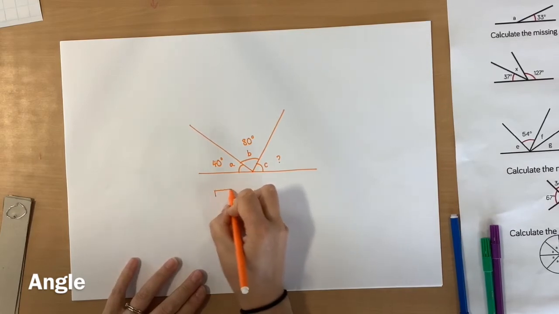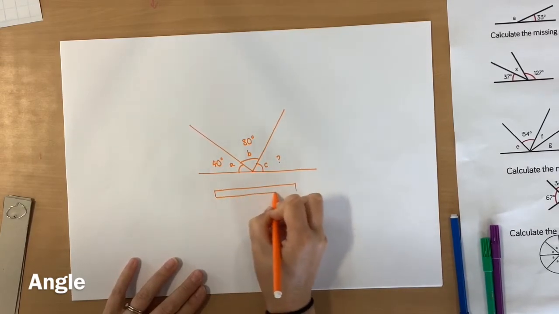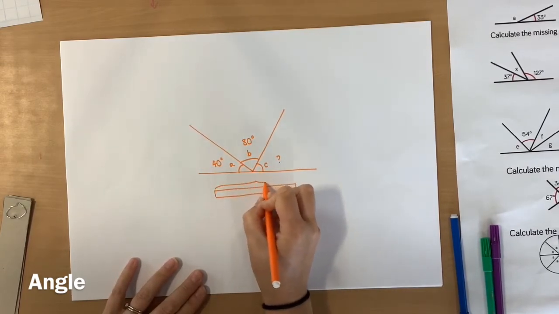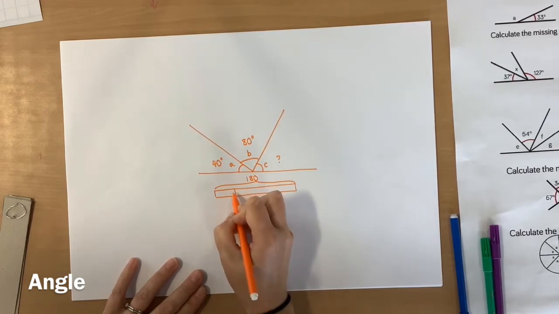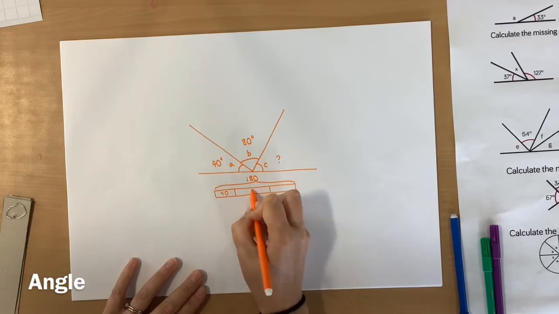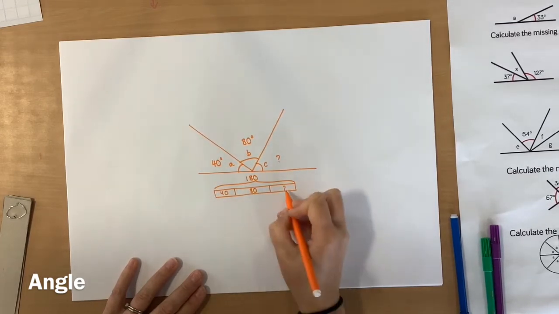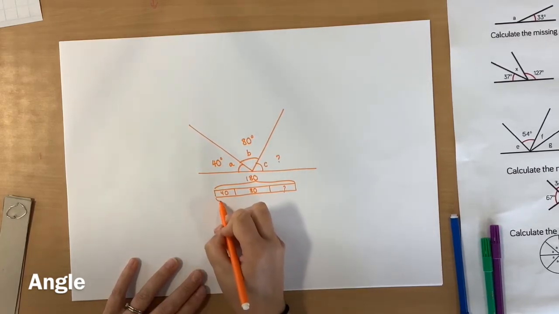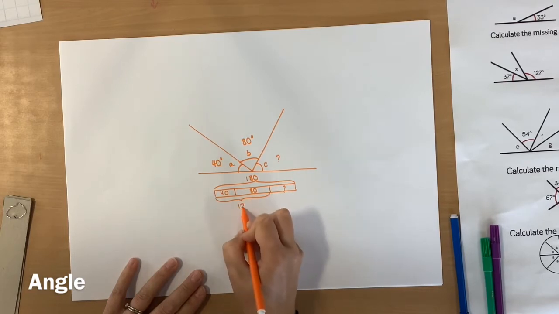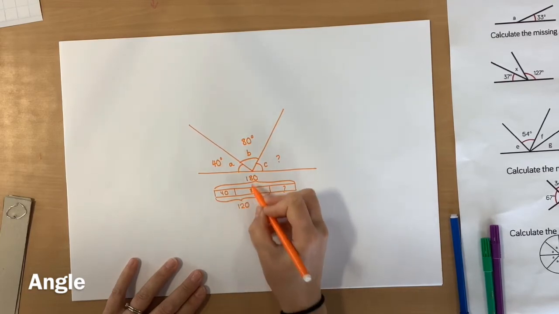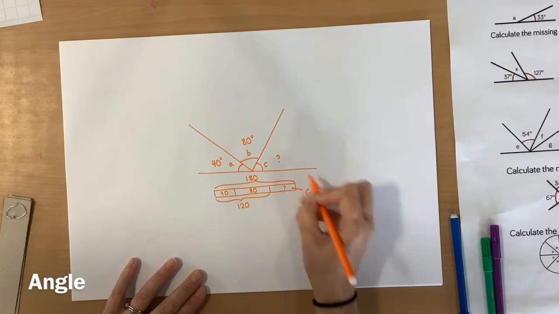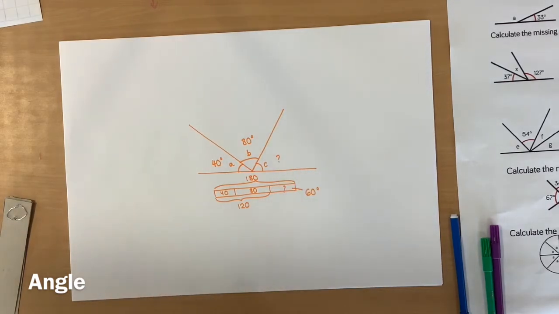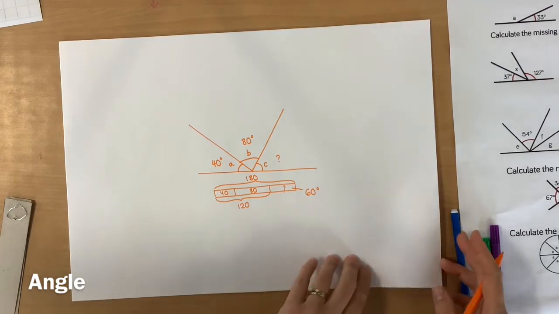So we know that the whole line, the whole measure of turn is 180 degrees. We've got 40 and 80, and we need to work out that. So 40 add 80 is 120. 180 take away 120 means that part must be 60 degrees. So therefore that angle is 60 degrees.